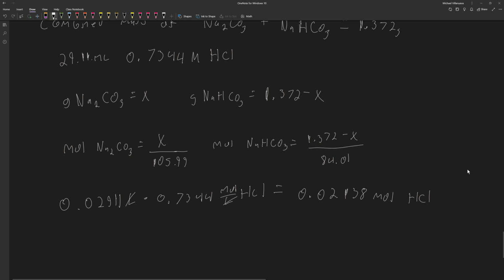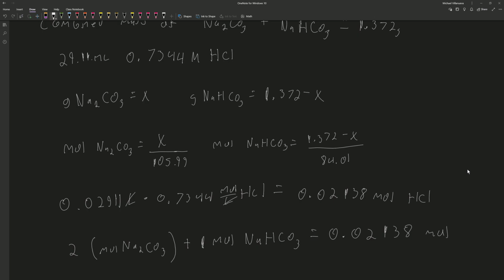We could say that 2 moles of Na2CO3 plus 1 mole NaHCO3 is equal to 0.02138 moles.